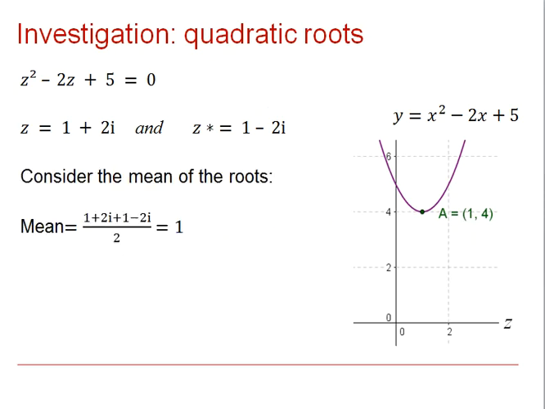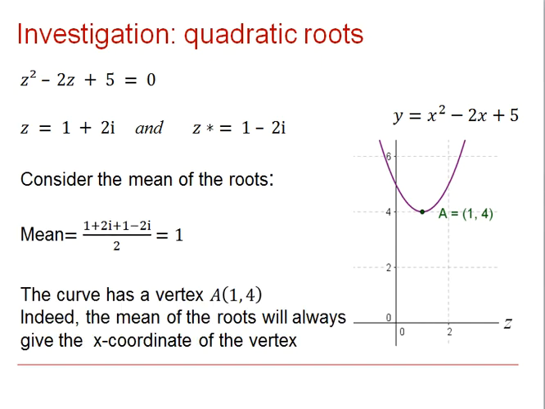Hence it would seem that whether we have real roots, a repeated root, or complex conjugate pair, it is indeed true to say that the mean of the roots will always give the x-coordinate of a vertex. Of course, this does not constitute a proof, but merely an investigation.